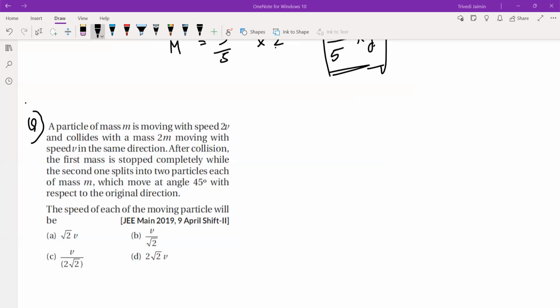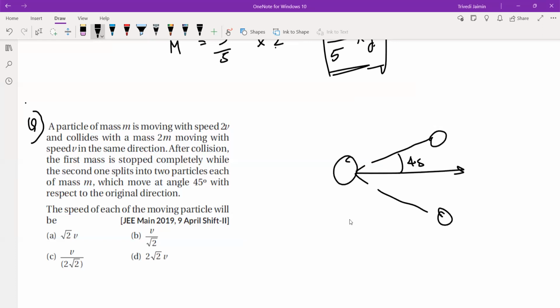Both make 45 degrees with the original direction. This particle is moving here, and with this one it makes 45 degrees, in the same direction.